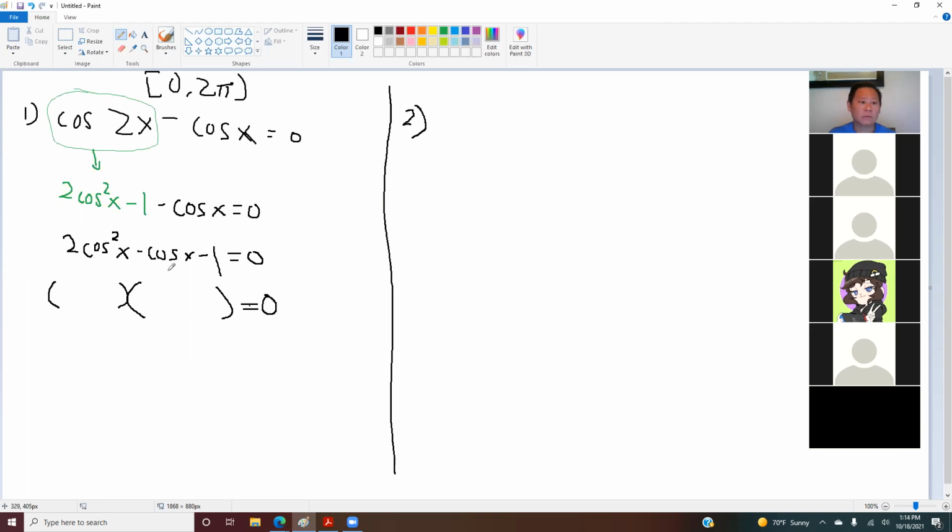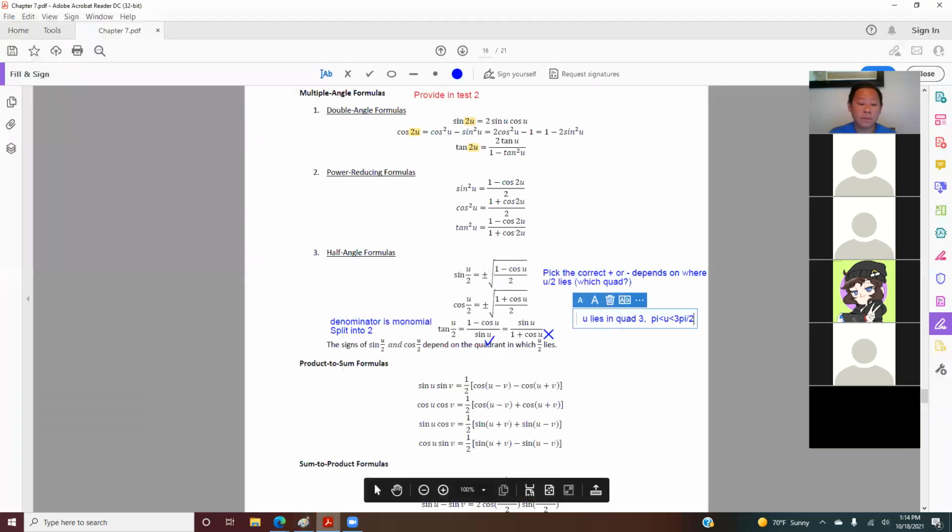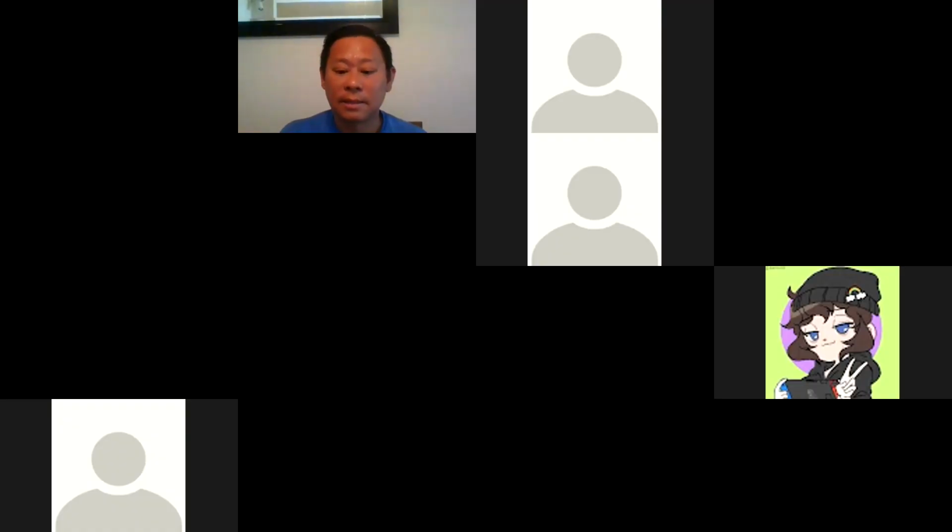Or just regular factor? Regular factor, yes. This is very similar to 2x squared minus x minus 1. Right. I'm gonna put you guys in groups here. You guys have to do the work. Okay, go to your breakout room.